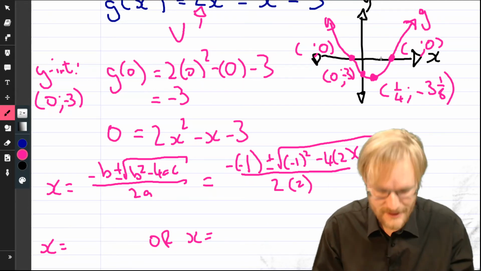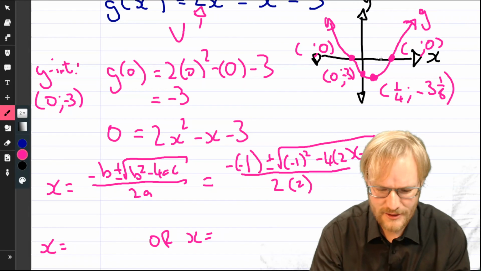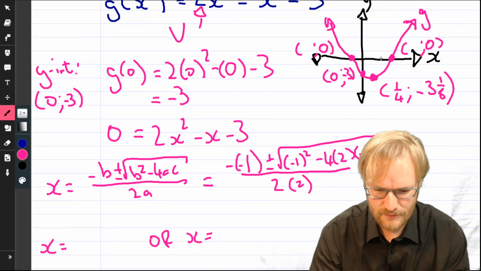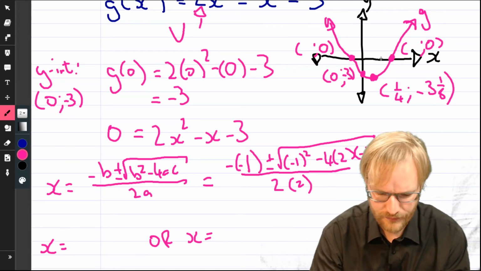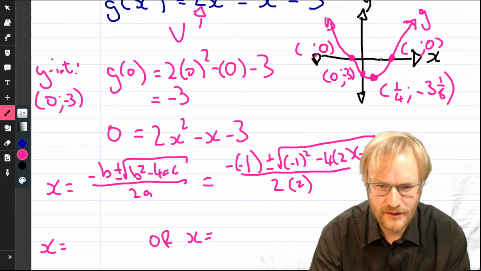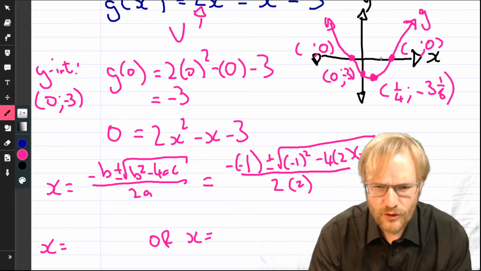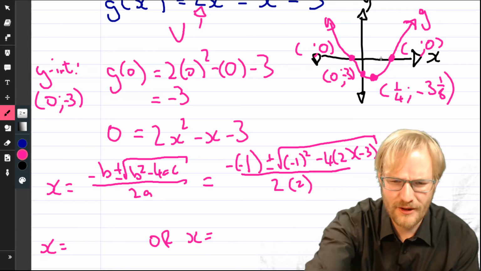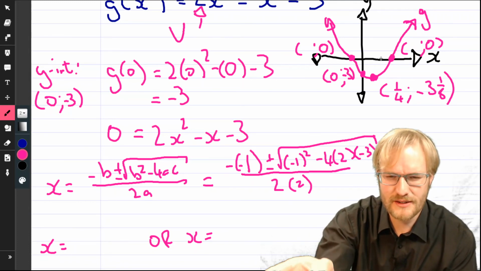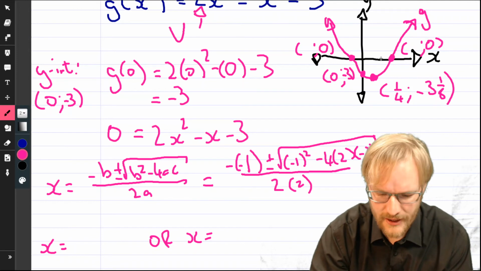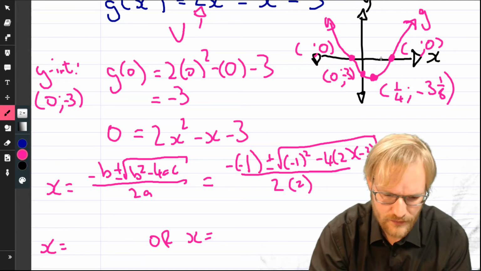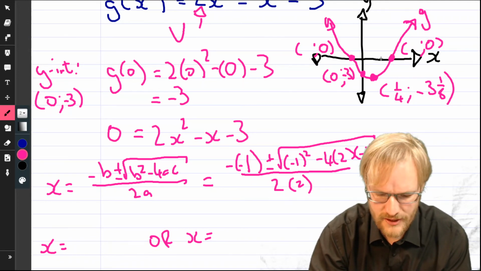Let's see what we get. So we got minus minus 1. I'm just going to write 1 minus the square root of 1 squared, I'm just going to write 1, minus 4ac. Now I'm going to go 4 times 2 is 8, 8 times 3 is 24, and minus minus, so plus 24. Everything over 2 times 2 is 4.